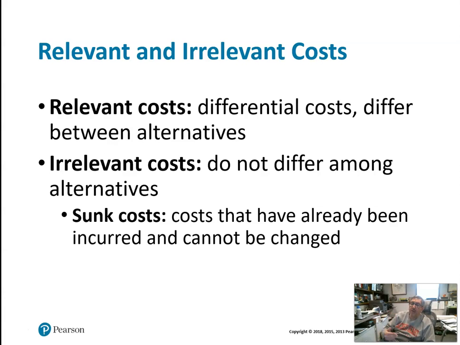It's not that they would not be different under the different scenarios. It's that we don't have the ability to change them because we have committed to something, right? So one of those types of costs might be those lease expenses.